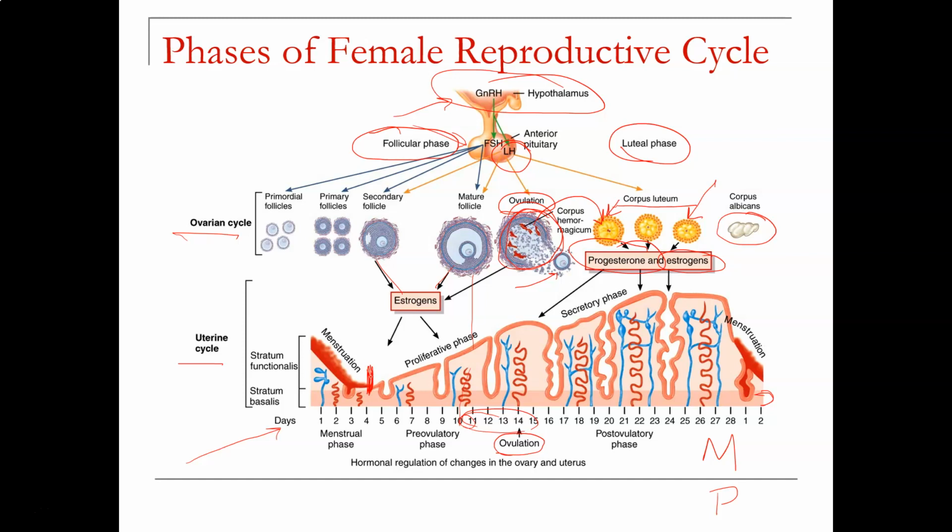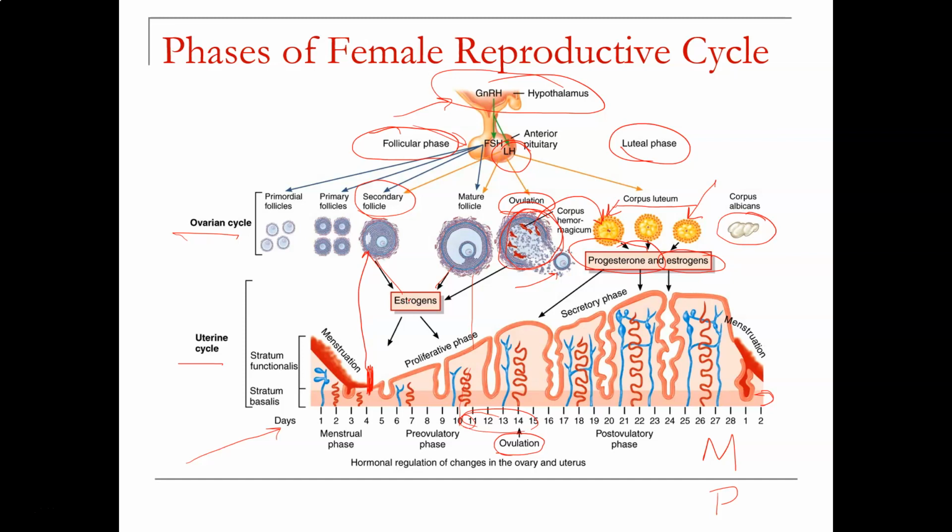If we look on day 4 of what's going on in the ovary, because these are corresponding here, that's when you first start to see secondary follicles appear, and they're making estrogen. That estrogen goes into the bloodstream, it's carried all throughout the body, and as we learned with the endocrine system, if you have receptors for it, then you can be a target cell.